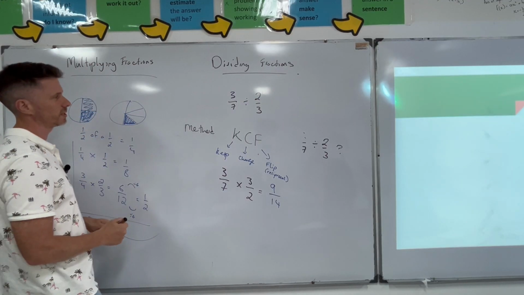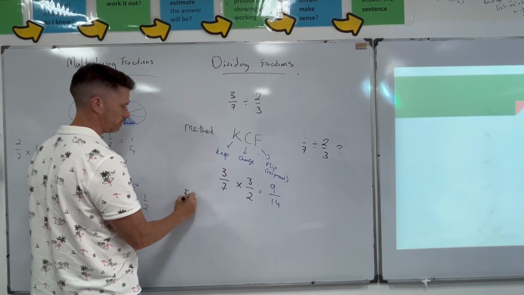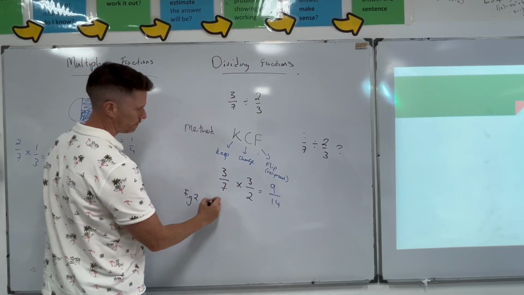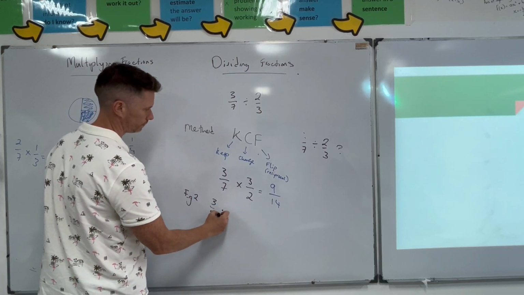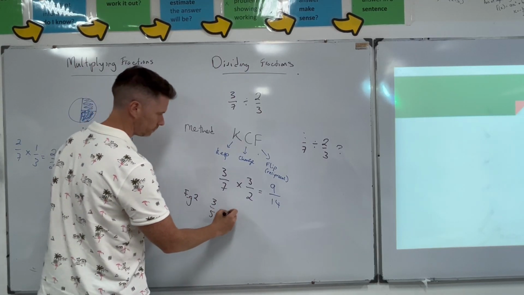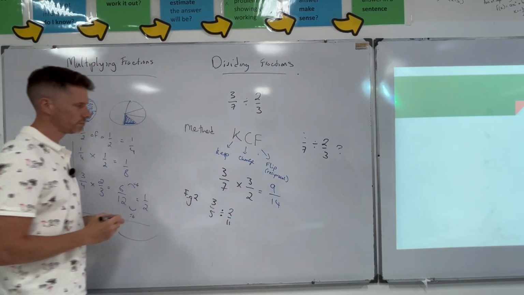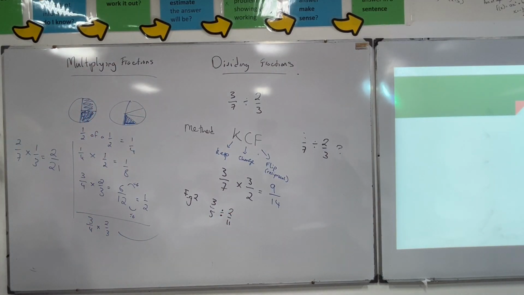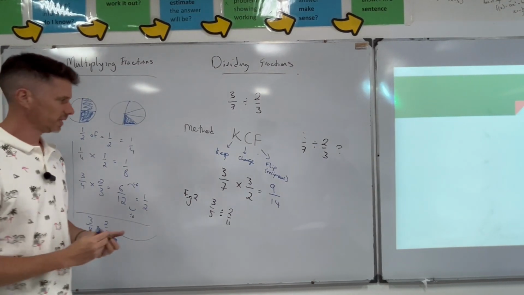Let's look at another example. Three fifths divided by 2 11ths. How many times does 2 11ths fit into 3 fifths? It's easy.